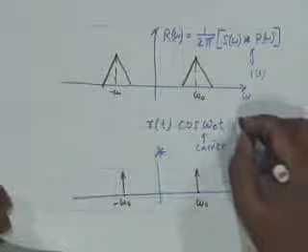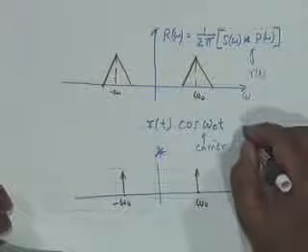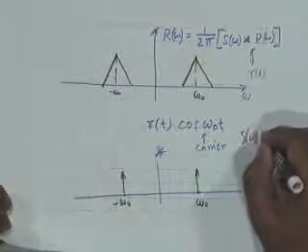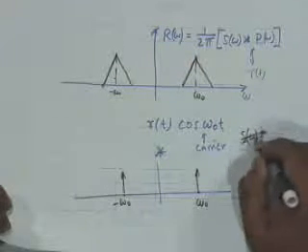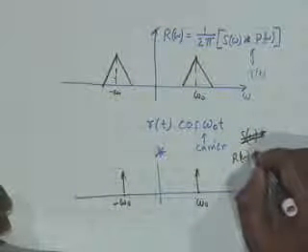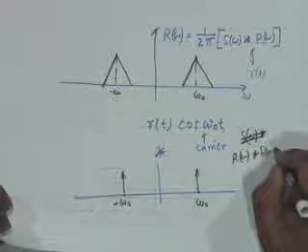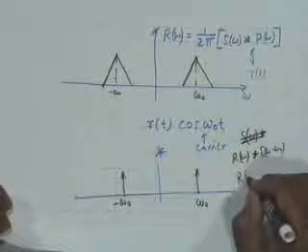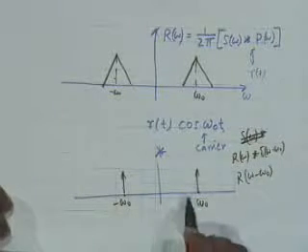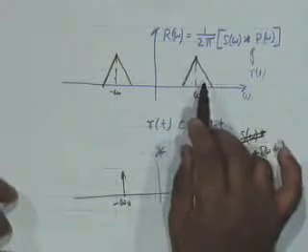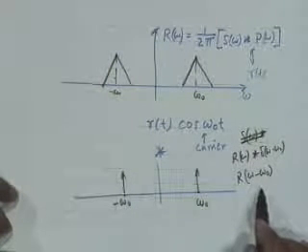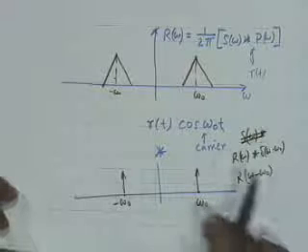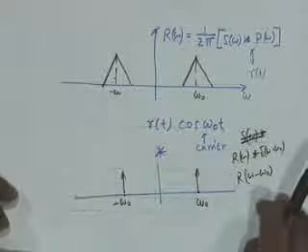You can see this, that R omega star delta of omega minus omega naught would be simply R of omega minus omega naught. In other words, this will be shifted to twice omega naught instead of omega naught. This will be shifted to twice omega naught.